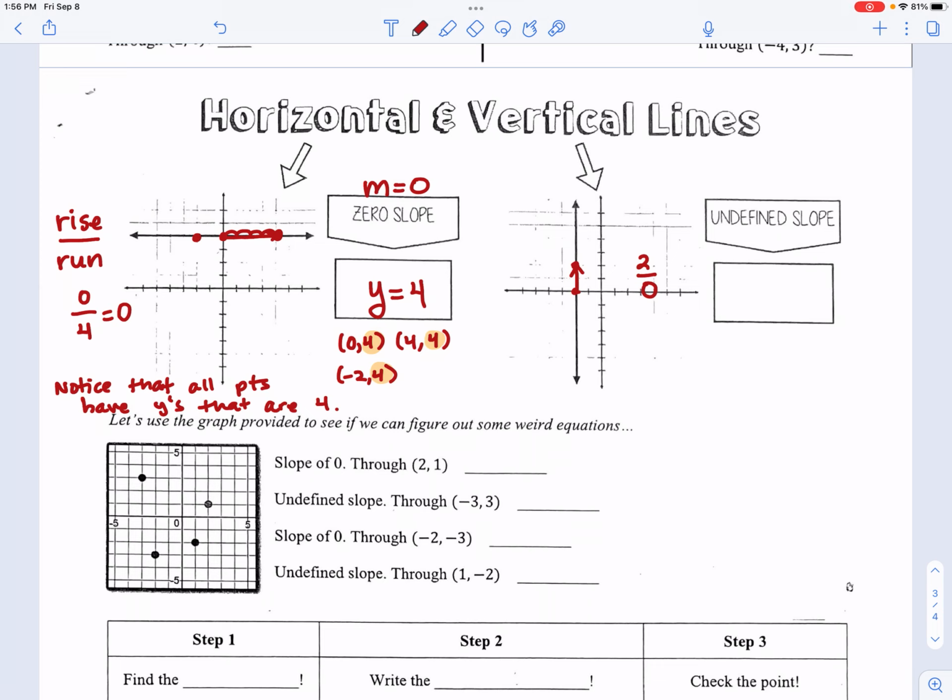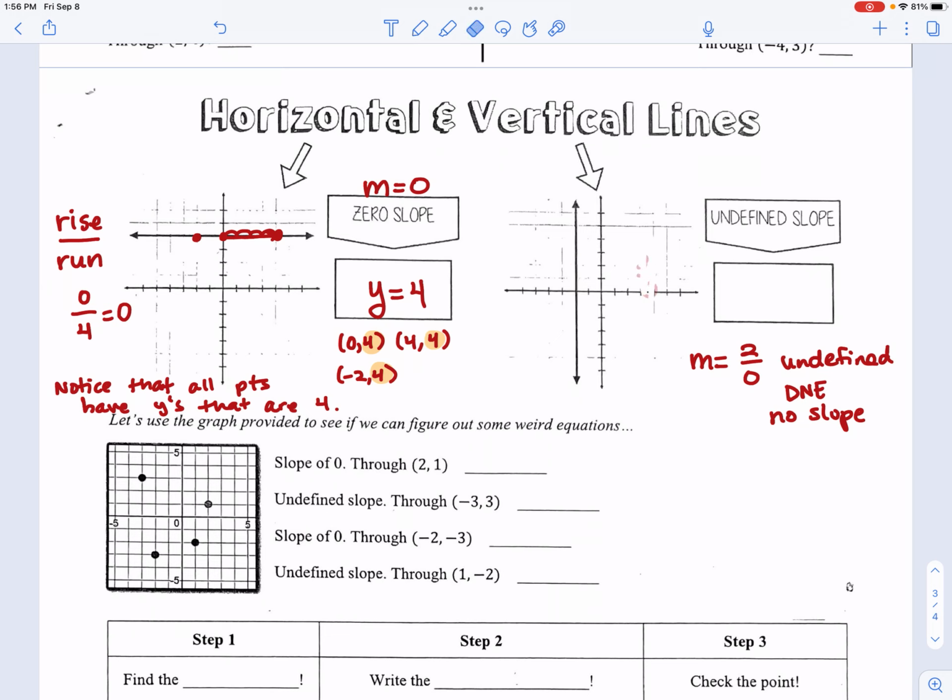That is undefined. It is not 0. You can also sometimes see it as does not exist. You might also see it as no slope. But here, it's a special type of line because it is not a function. And because it's not a function, we can't write y equals.